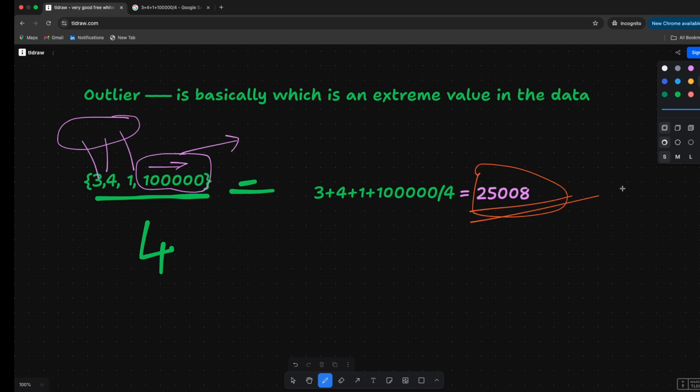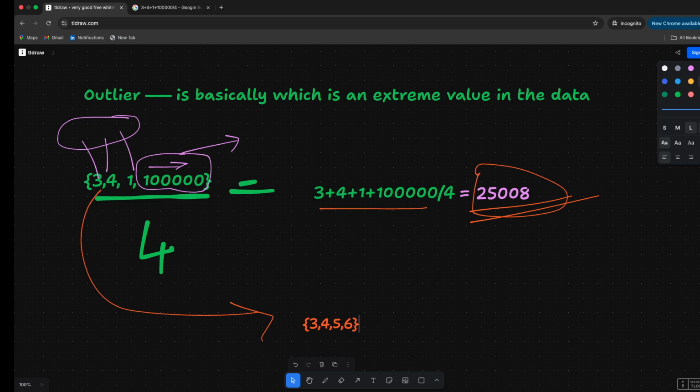This is something which is very big when compared. So what if we have another set, and in the same set we have values like 3 4 5, and now let's calculate the mean.